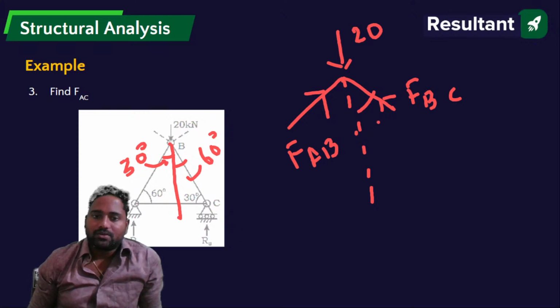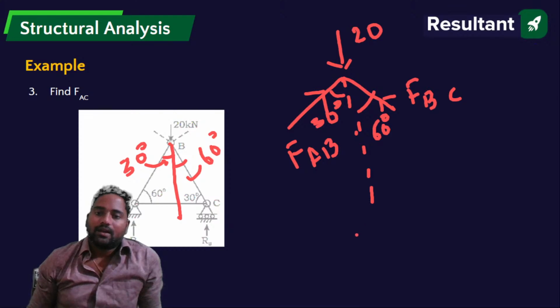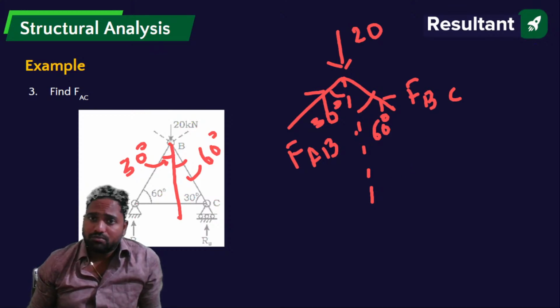So this is 60, and this is 30. Collectively, it would be 90 degrees. Fine. If I take summation of forces in x direction, I have just assumed the directions. I don't know the directions exactly.